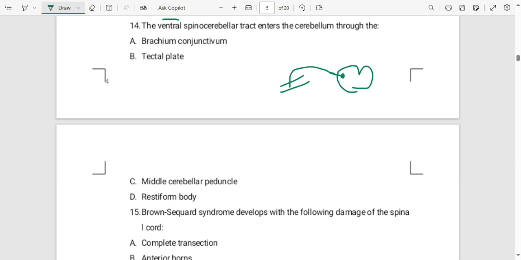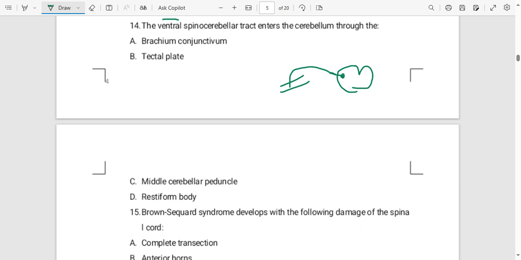And then the dorsal, also known as posterior spinocerebellar, is also coming from the same muscle spindles and those other parts. But the difference is that the ventral is carrying the information from the lower limb. The dorsal carries information from the trunk and lower limb also. When it goes to the spinal cord, it is going specifically to Clarke's nucleus, also known as the nucleus dorsalis.